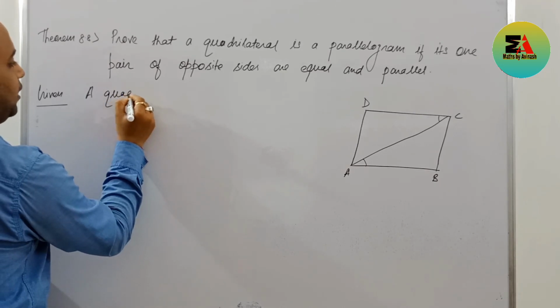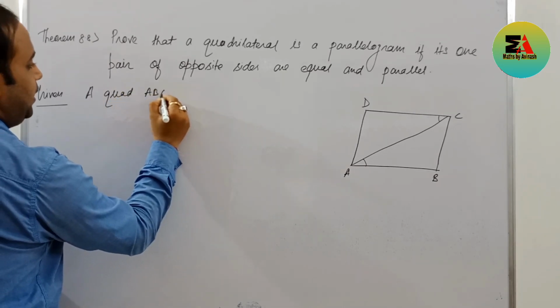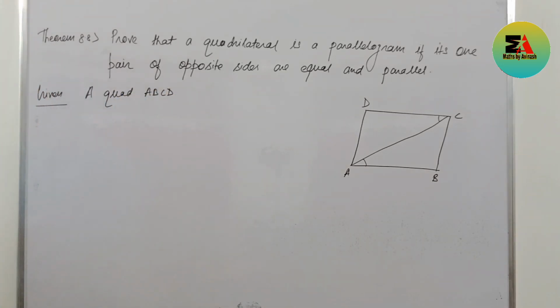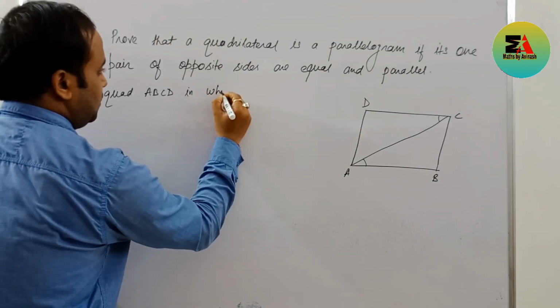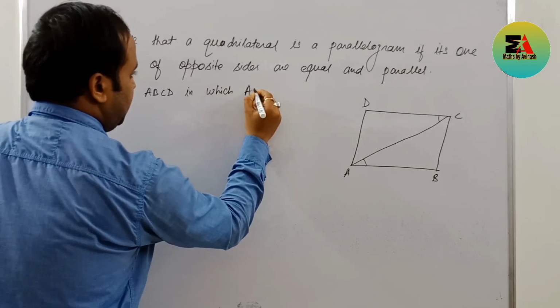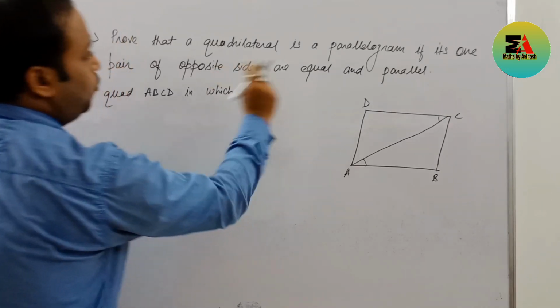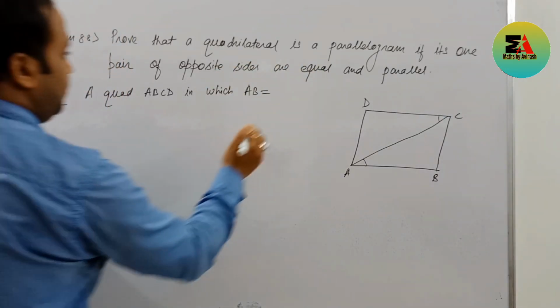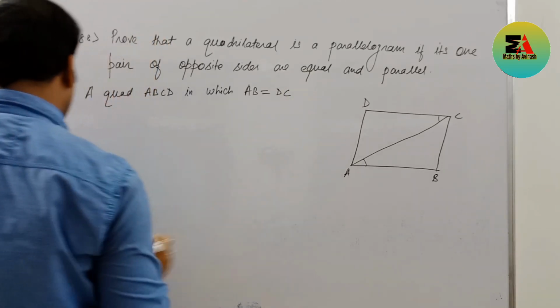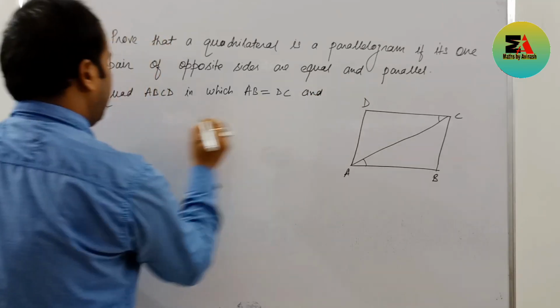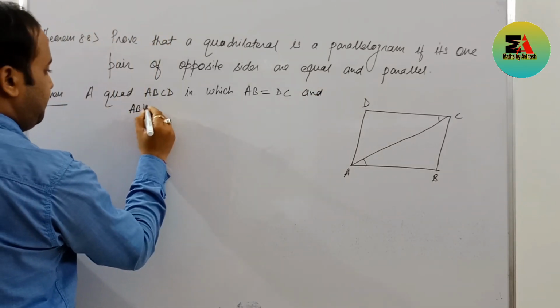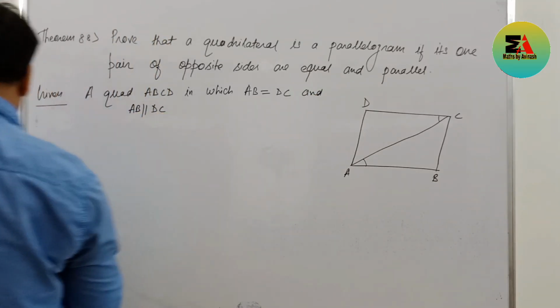A quadrilateral ABCD in which AB equals DC, opposite sides are equal, this is already given in the question, and AB parallel to DC. This is already given in the question.